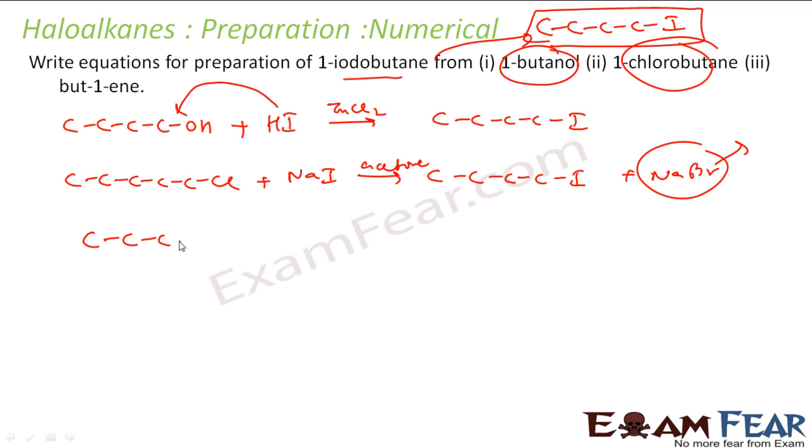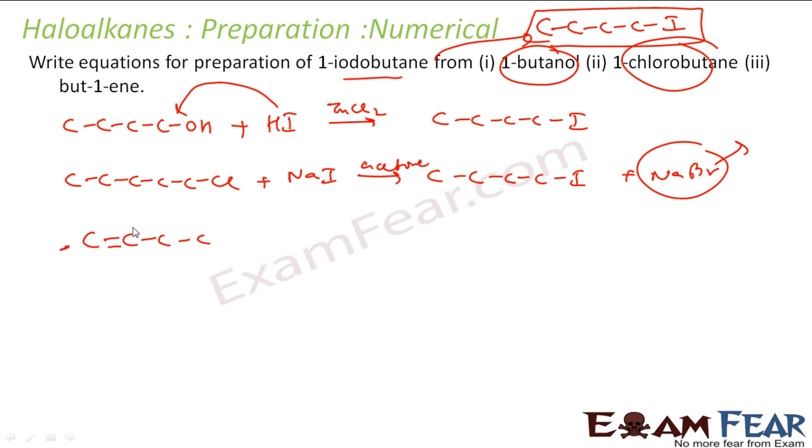The next is but-1-ene. 1, 2, 3, 4. This is my compound. In this I have to add I at the terminal position, so it should become something like this. If I use HI here and just add HI, the hydrogen will attack first here because it will form a stable carbocation, and I will be added at the other carbon, but I don't want that.